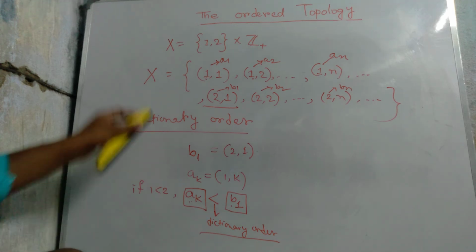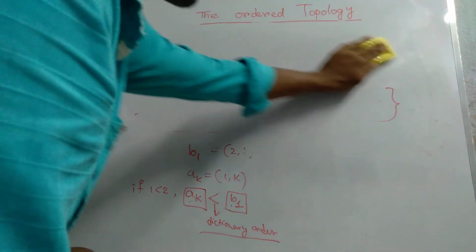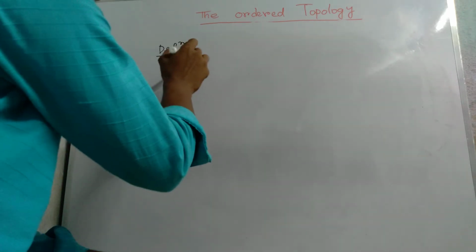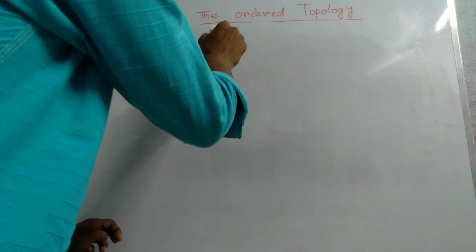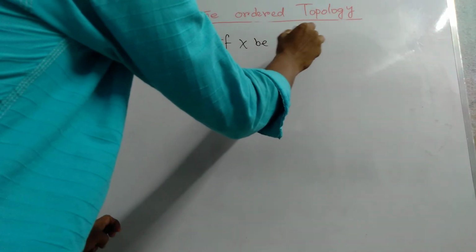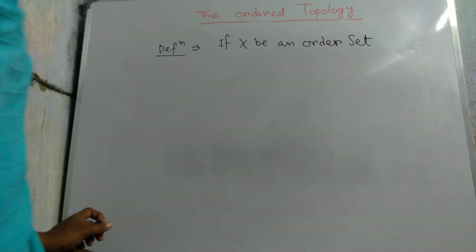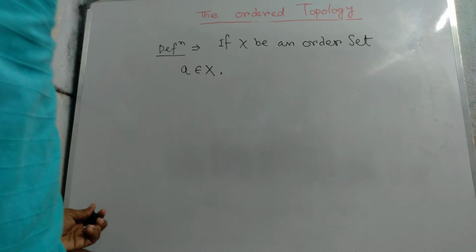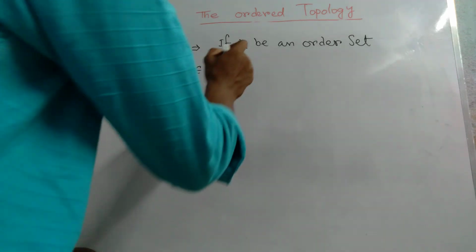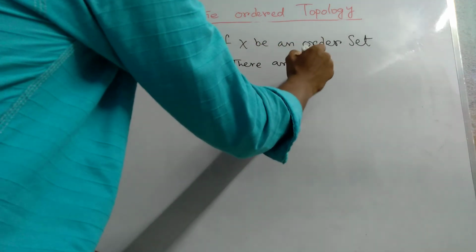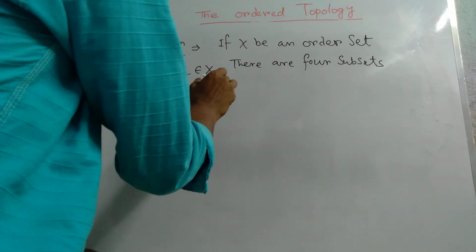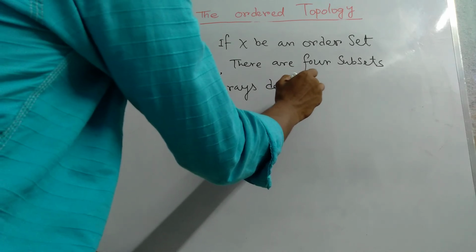Now we discuss the definition of rays: open rays and closed rays. Definition: if X is an ordered set, and a belongs to X, then there are 4 subsets called rays determined by a.